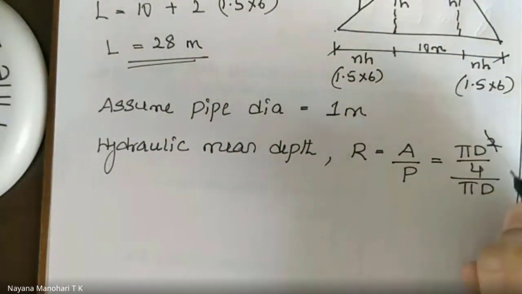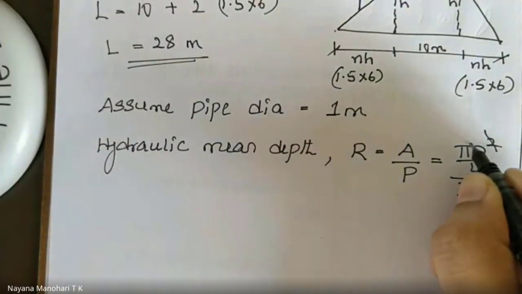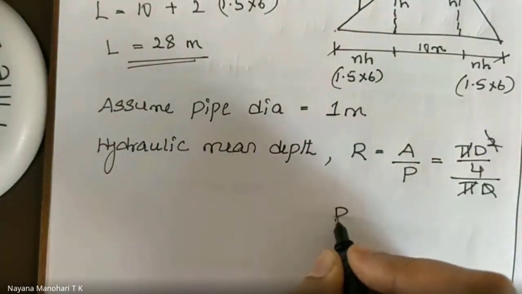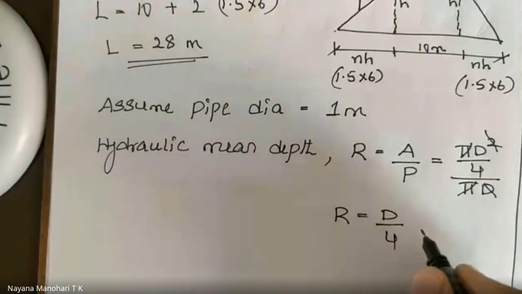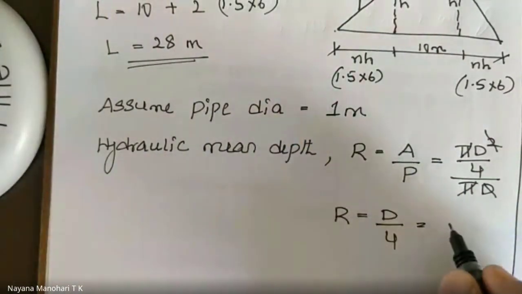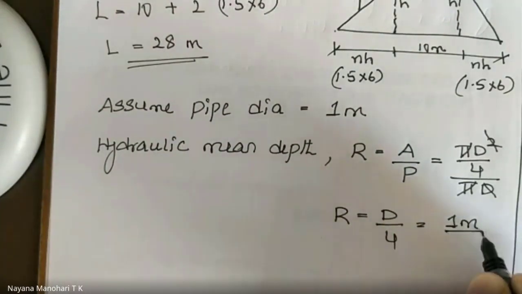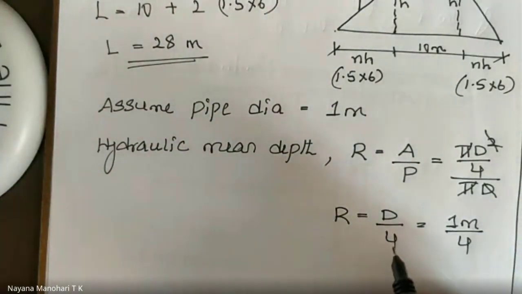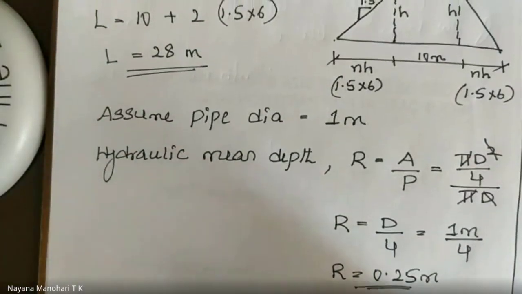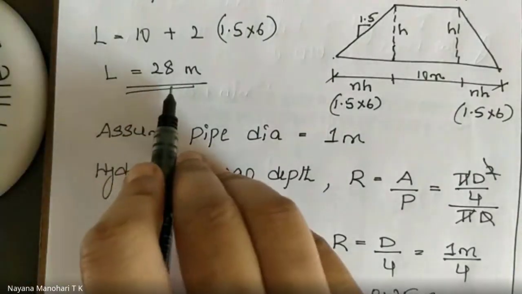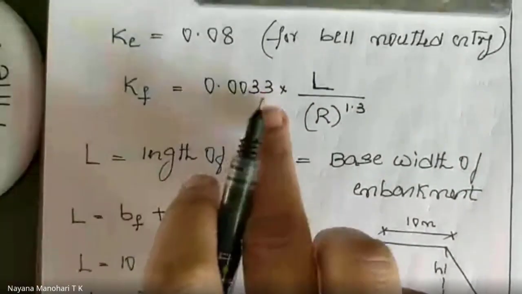This d and this d, and this pi and this pi, will get cancelled. Then R will be equal to d divided by 4. The diameter of the pipe is 1 meter, divided by 4, and this R value is 0.25 meter.